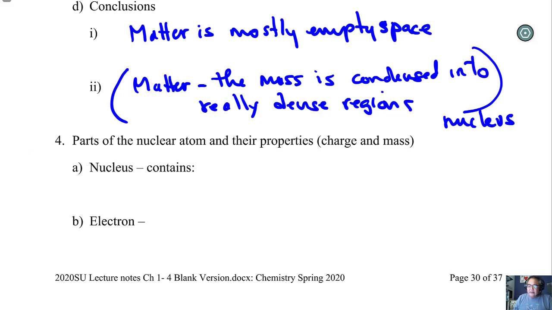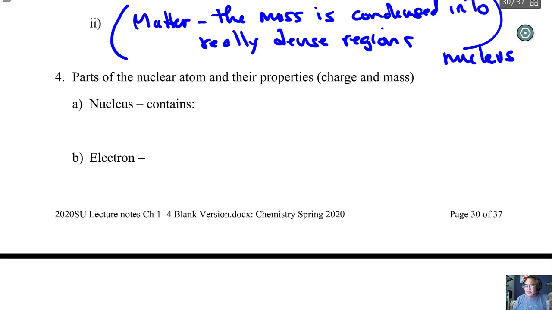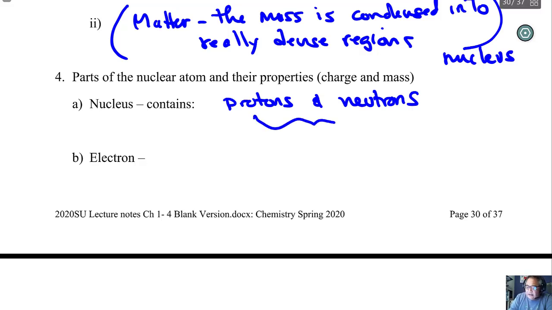So in the nucleus, there's actually 3 subatomic particles that are important for us in this class. The nucleus contains the protons and neutrons. Protons and neutrons make up most of the mass of an atom.